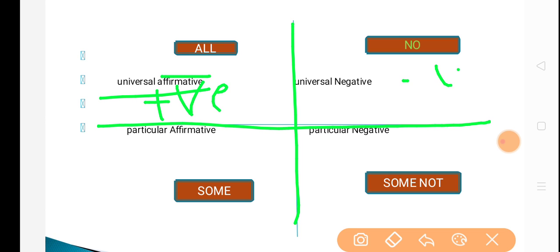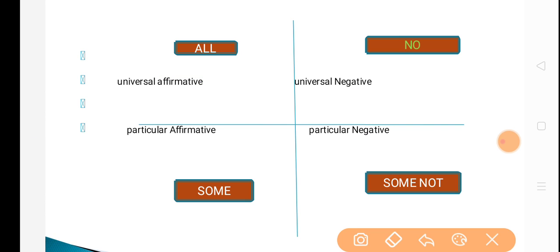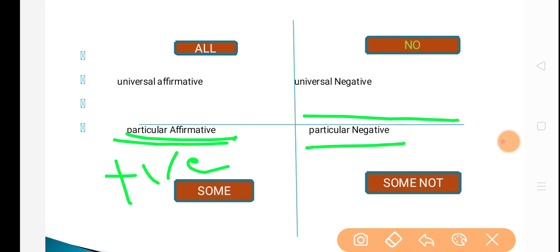This side is negative, but this is universal, so we can say that it is universal negative. Then below the line is particular. This side is positive, so this is particular affirmative. Then this side is particular because it's below the line, so it's particular negative.